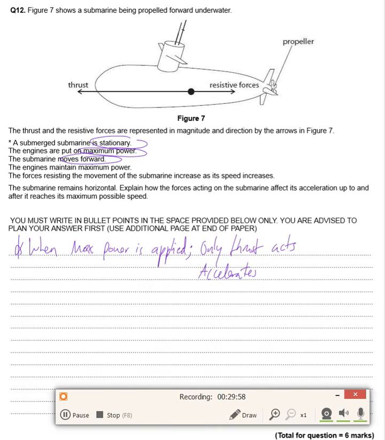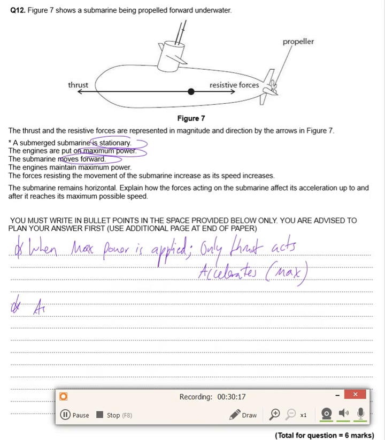Just like with terminal velocity, instead of thrust we have weight, so therefore here we only have thrust. So at that point when thrust acts, the object accelerates. Okay? So that's the maximum acceleration.